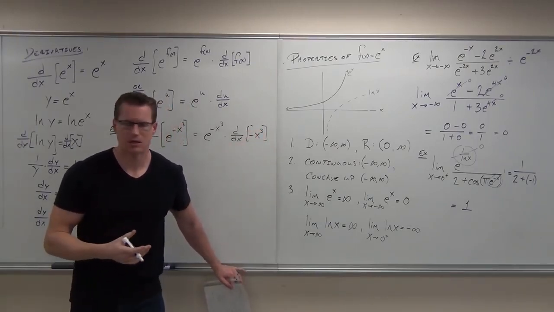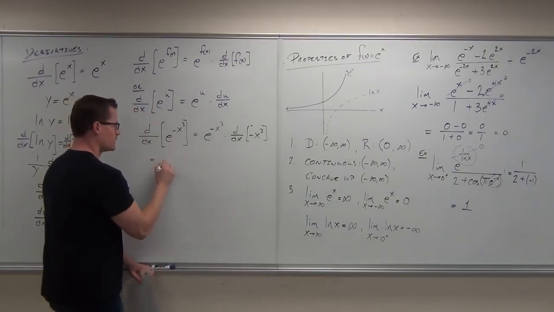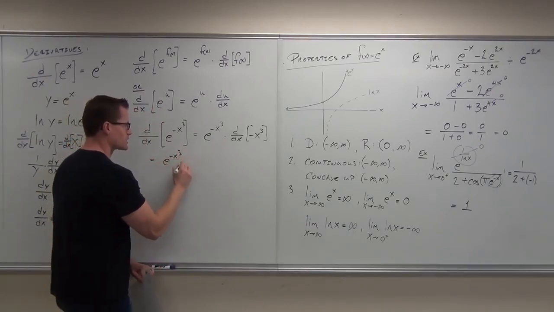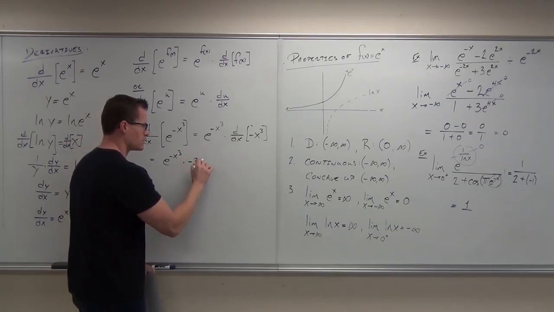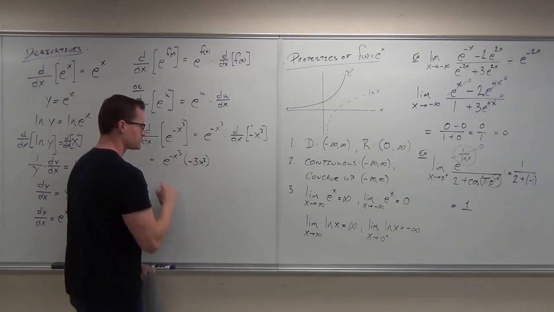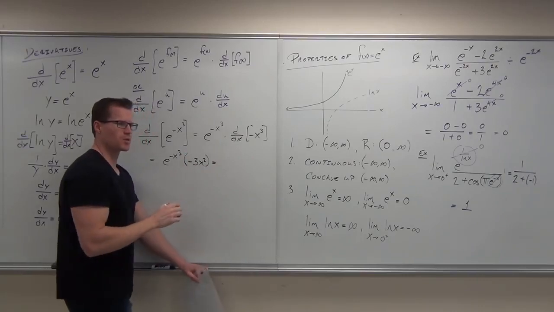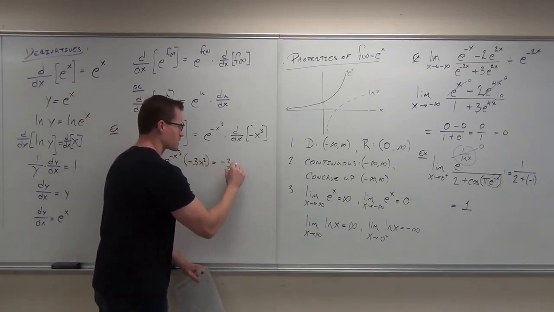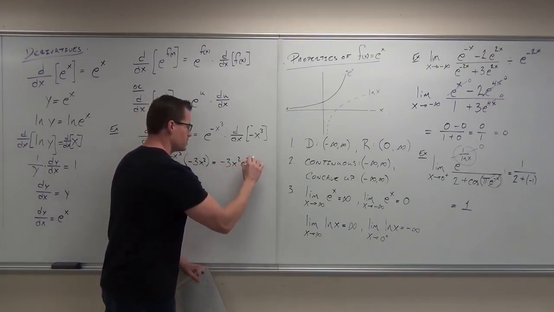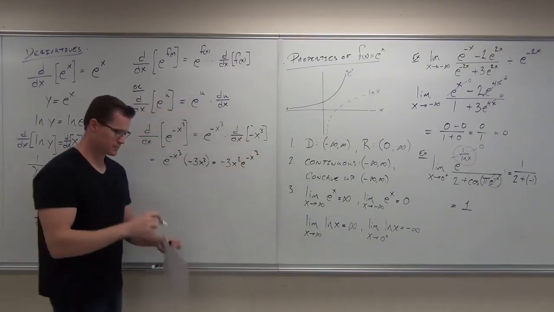That's a piece of cake. So we have e to the negative x cubed times, what did you say it was? Negative 3x squared. It's typically appropriate to write this part first. So we'd have negative 3x squared e to the negative x cubed.